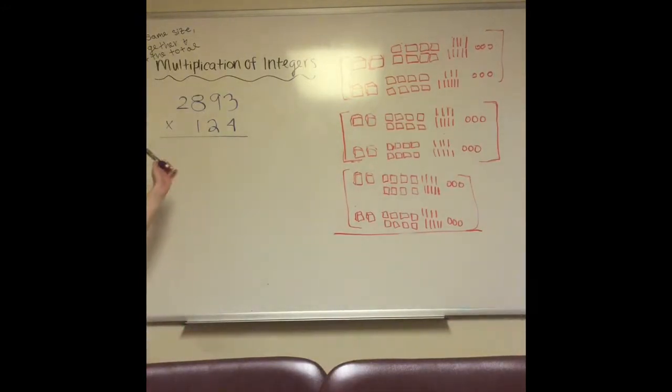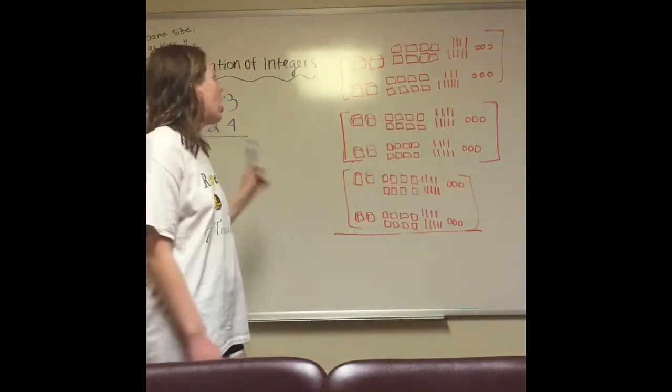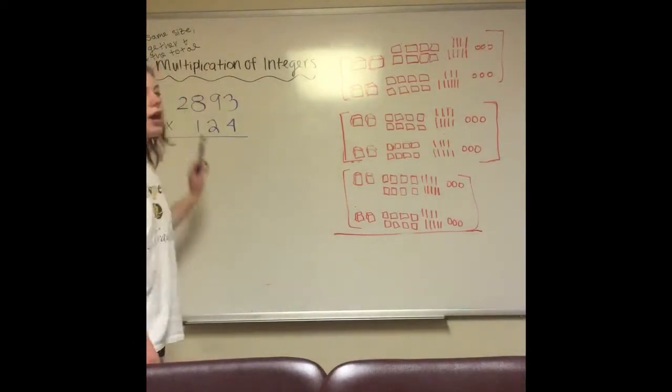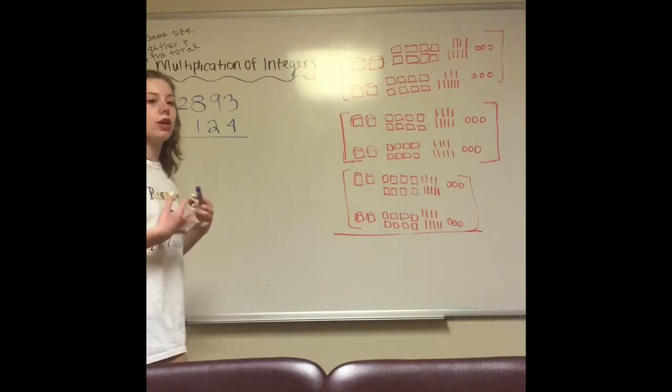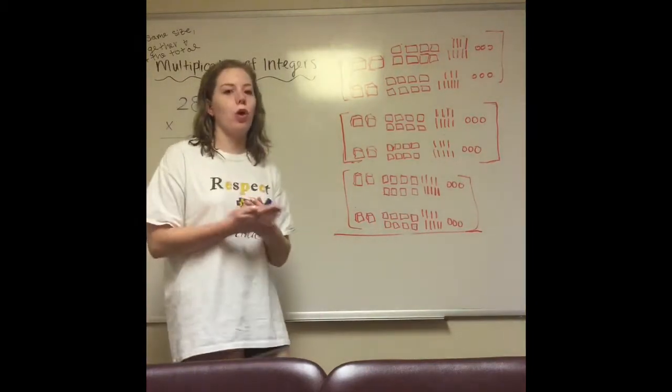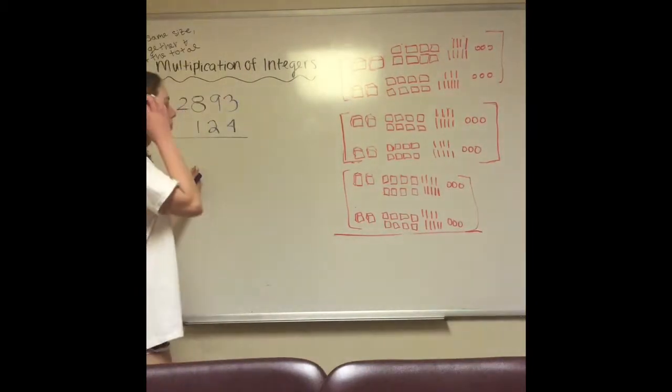So first let's remind ourselves of what the definition of multiplication is. And that is groups of the same size, bringing them together and finding a final total of that answer.